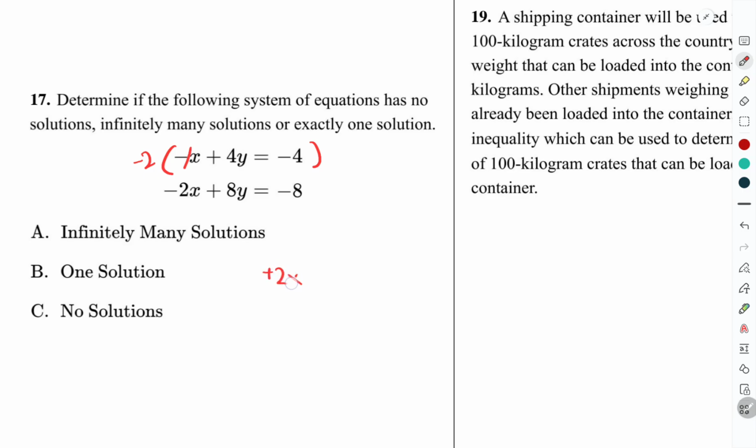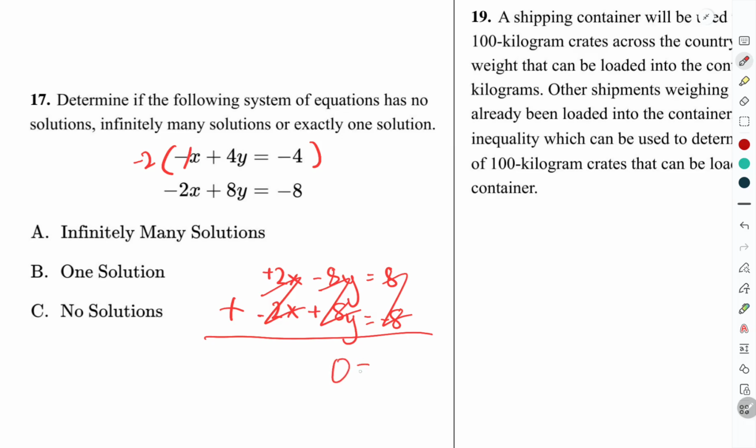So then I get -2x plus 8y equals -8. And then step 2 of the mathy way is I'm going to add the 2 equations together. And what happens in this case is I get everything to cancel out. And when I get 0 equals 0, that is infinite.